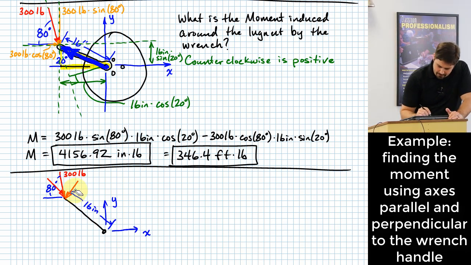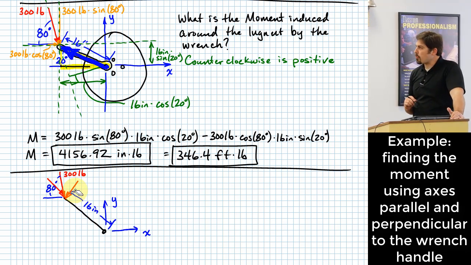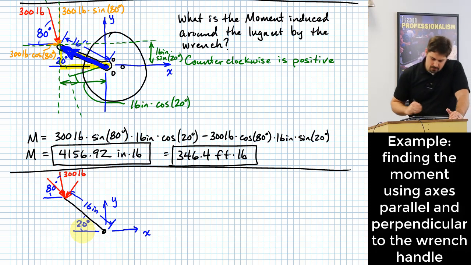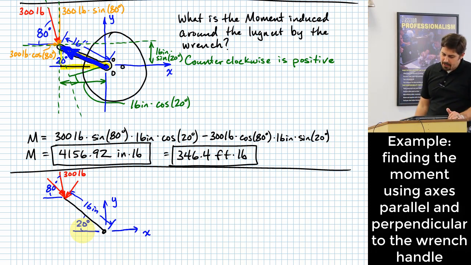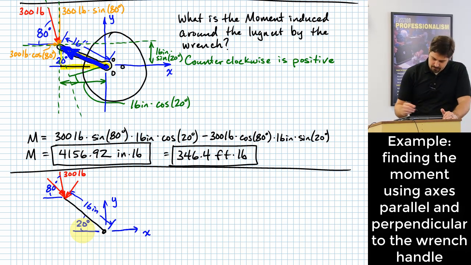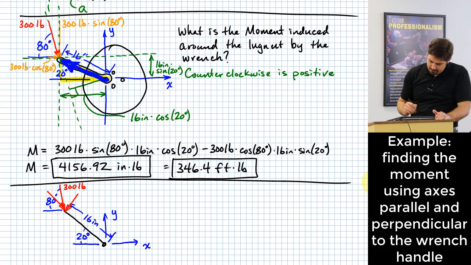Well, I know that this is 20 degrees down here, right? This was 20 degrees. Can I bring that to bear on something that I'm doing up there on the top? The one parallel would be 20 degrees. Okay.